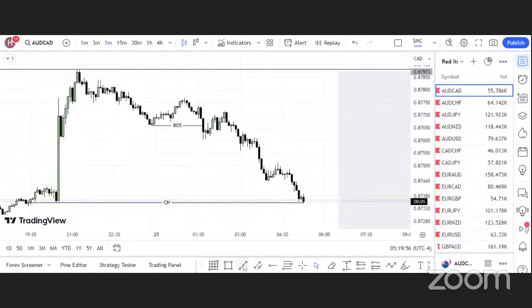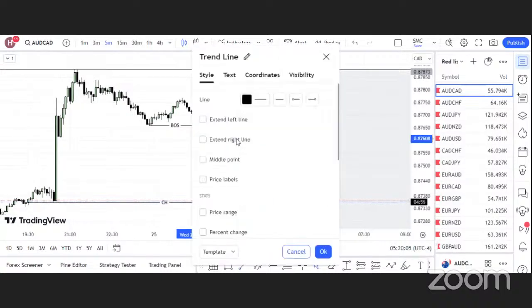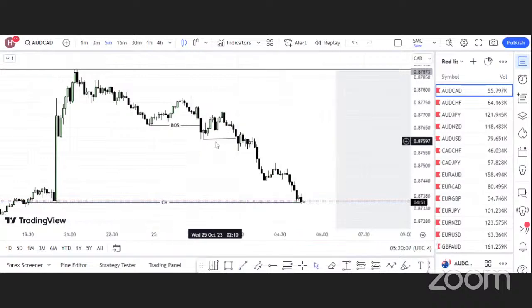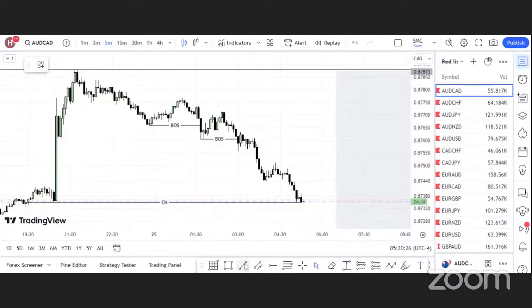Okay, the market broke structure to the downside. The market broke structure. Okay, so let's delete that. All right, break of structure. We have another one here.